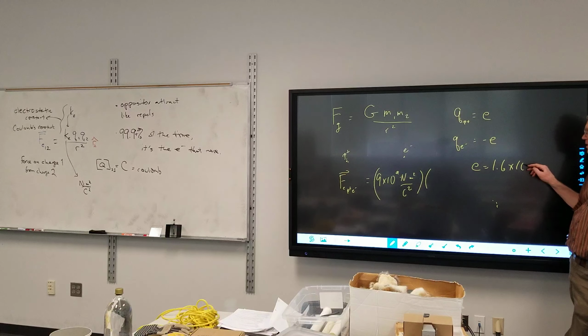And that's rounded off. So the charge of the proton, 1.6 times 10 to the negative 19th coulombs.